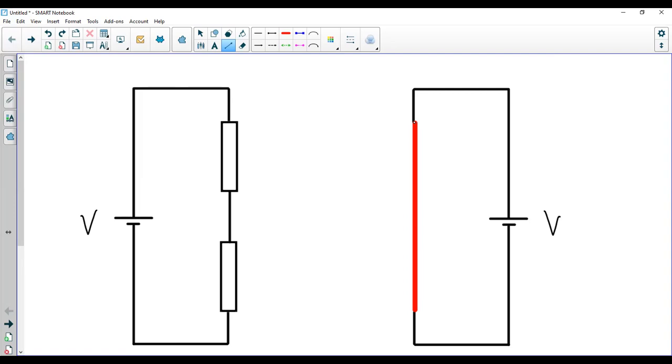So these two things are pretty much the same. They can be solved with the same technique.